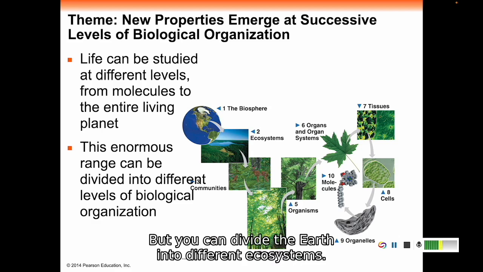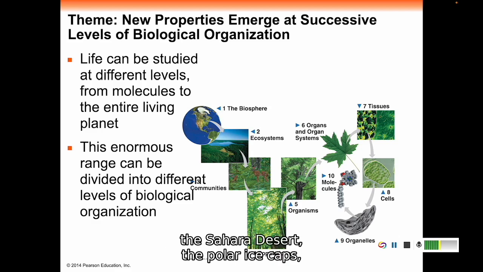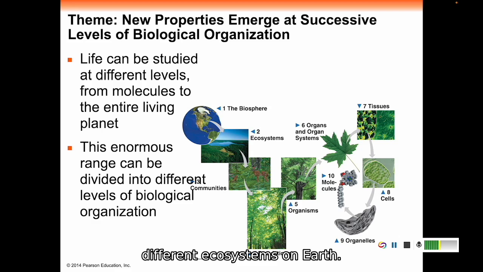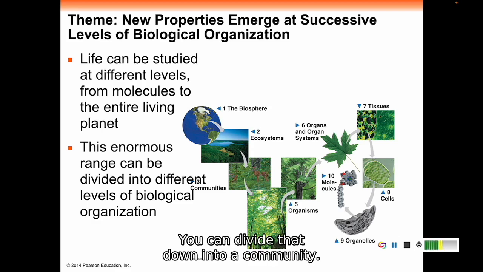But you can divide the Earth into different ecosystems. So different areas like the Amazon jungle, the Sahara Desert, the polar ice caps, different ecosystems on Earth. This would be a particular distinct area of the planet. You can divide that down into a community. A community is a more local area.